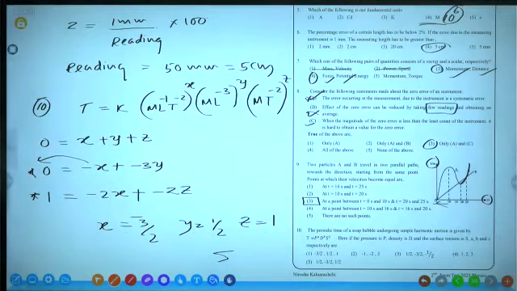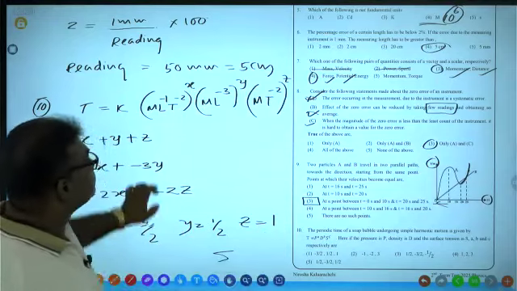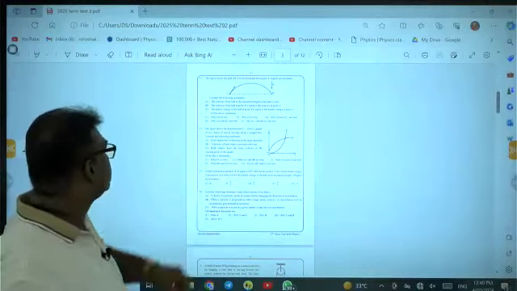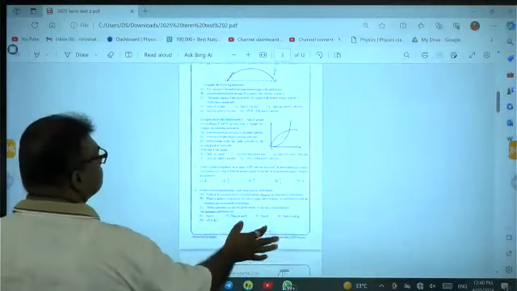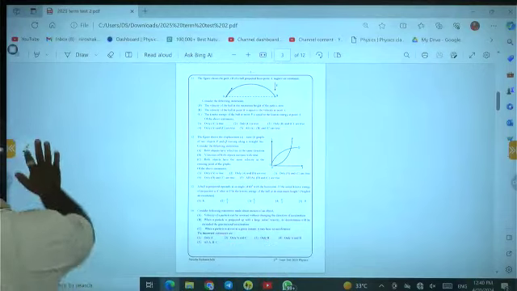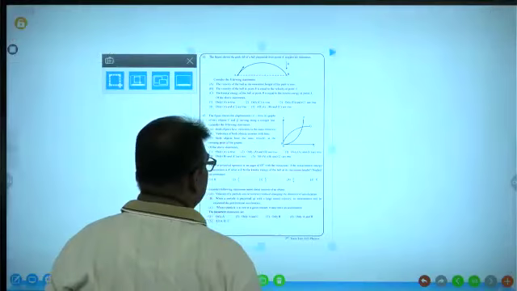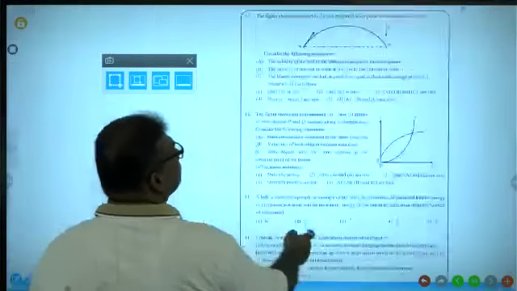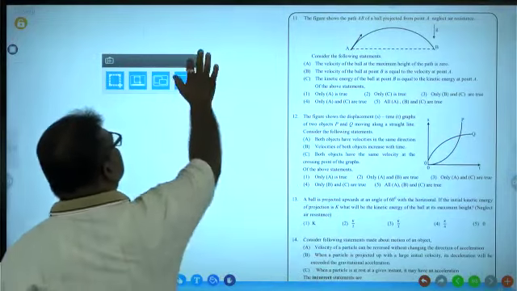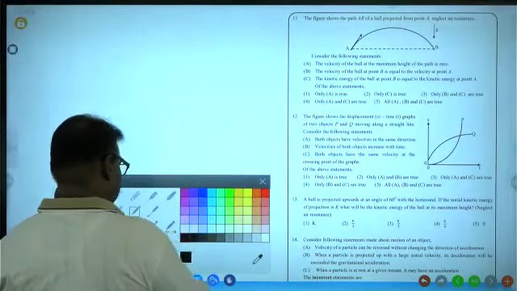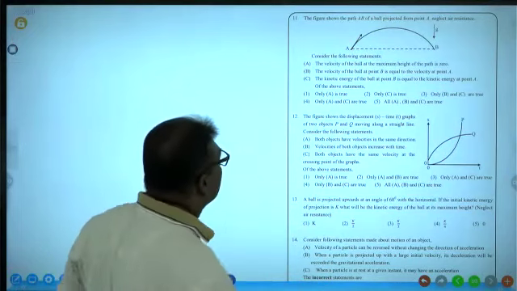You should simplify, right? Number 11. Okay.